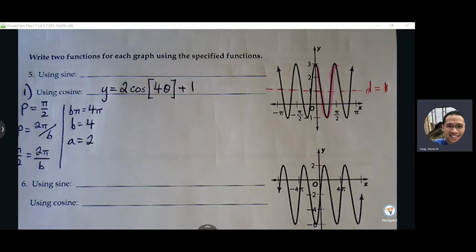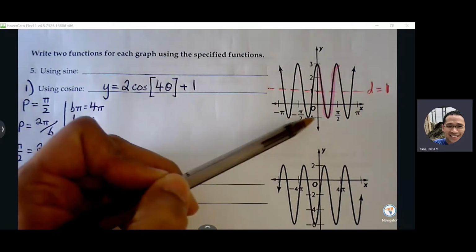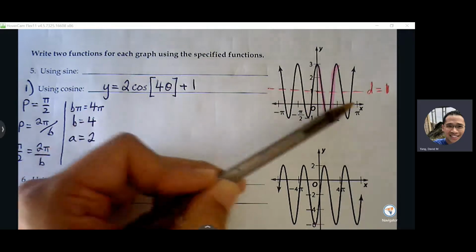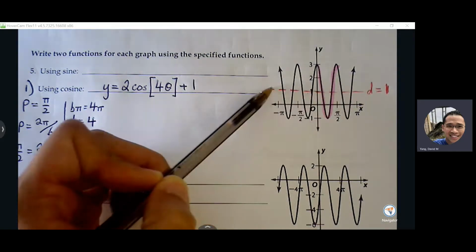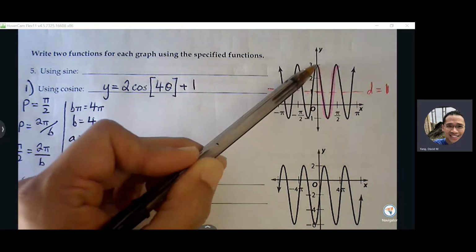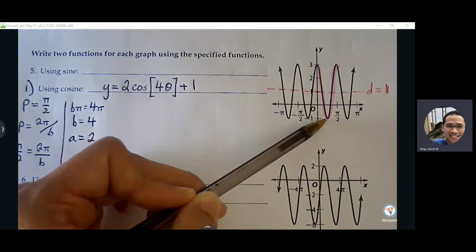Are we okay with cosine? Yes. I just know that d is 1. How do you know d is 1? So d is going to be the center of your graph. If you can imagine this graph, we know that 0 is no longer the center, right? So if you look at this graph, you can tell that the center of the graph is right at 1. Because from here, it rises up 2 to reach its max, but it falls down 2 to reach its minimum.